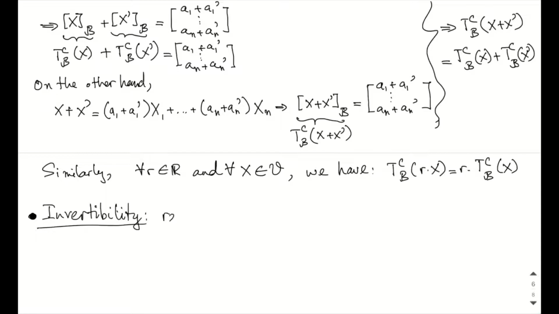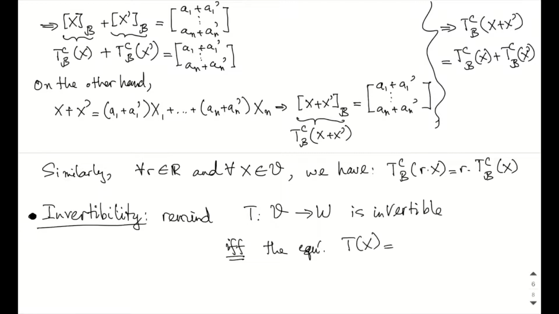Now remind that if you want to prove that some transformation T from V to W is invertible, you have to prove that the equation Tx equals y has exactly one solution x for any y we consider.